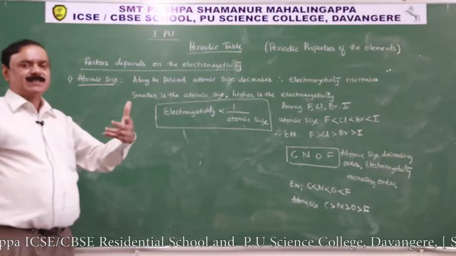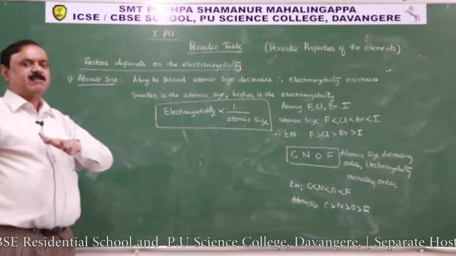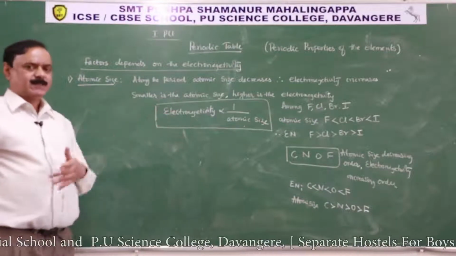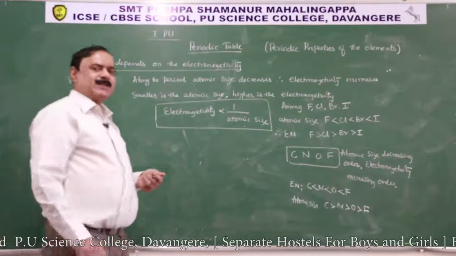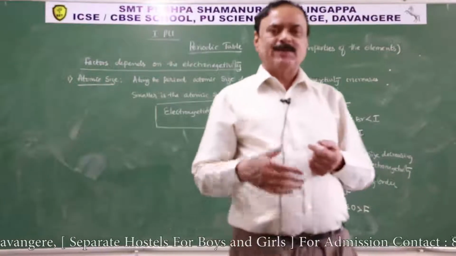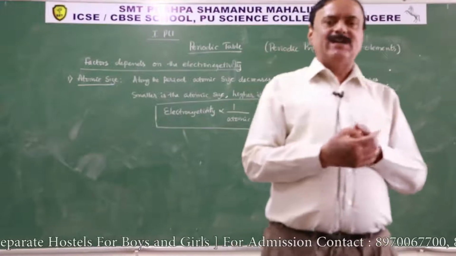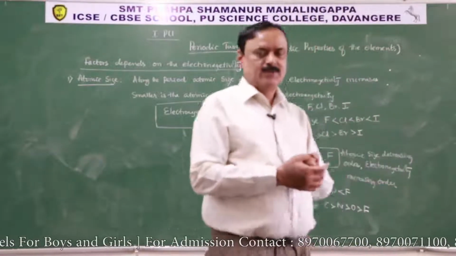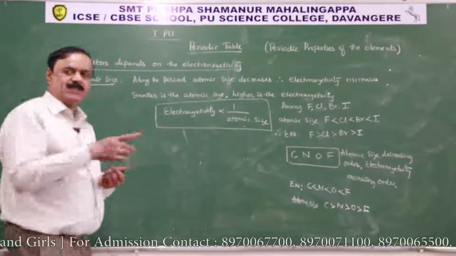That is why alkali metals, with higher atomic size, have very low electronegativity and are more electropositive. Is it clear?